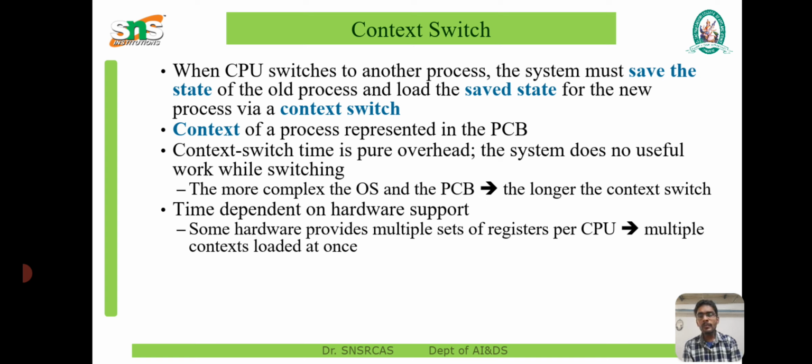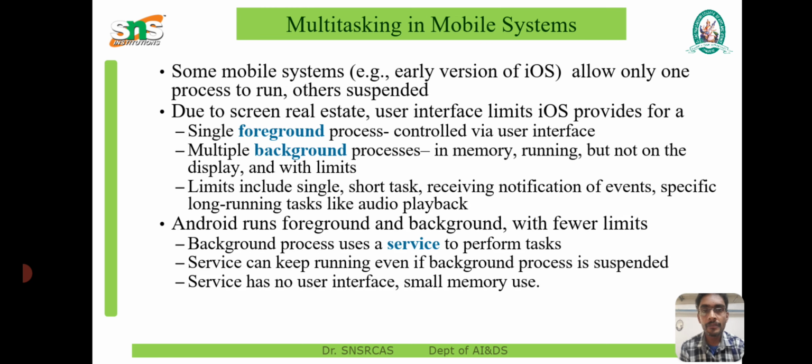The time depends on hardware support. The switching time depends on the process speed and the RAM used in the particular hardware. Some hardware provides multiple sets of registers per central processing unit. This type of context switching occurs very quickly, whereas multiple contexts can be loaded at once depending on the hardware CPU.